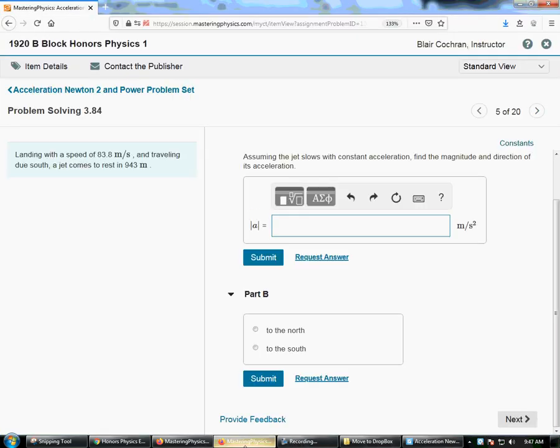So, I know my final velocity is 0. My initial velocity was 83.8 meters per second, and it comes to rest in 943 meters. I'm going south, so as I said, my acceleration must be opposite. Which way should we call positive? To the north or to the south?